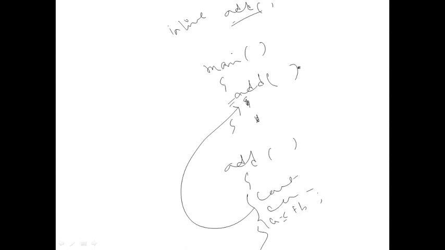Previously we saw that when we call a function, the flow of execution goes to the function where it is defined. In the case of an inline function, the flow does not go anywhere; the code is copied here. So what is the advantage?